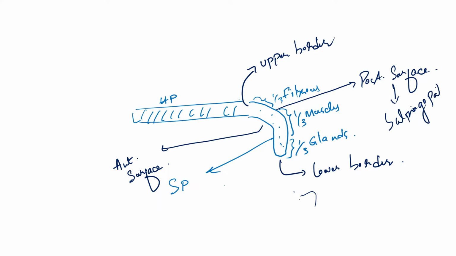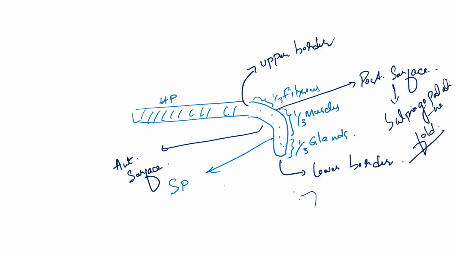So this salpingo-palatine fold connects the posterior surface of the soft palate with the tubal elevation seen in the nasopharynx. So this is about the anterior surface and the posterior surface.